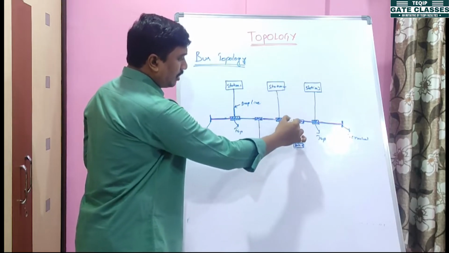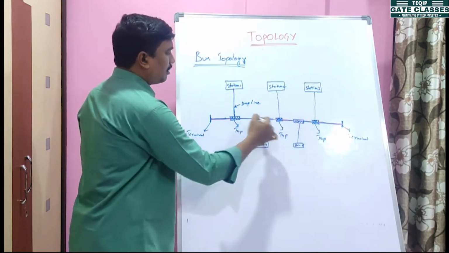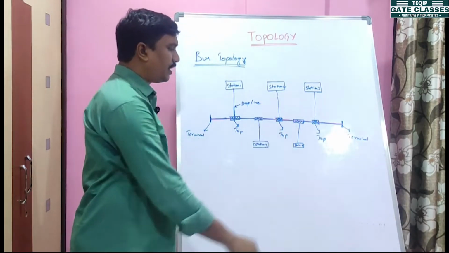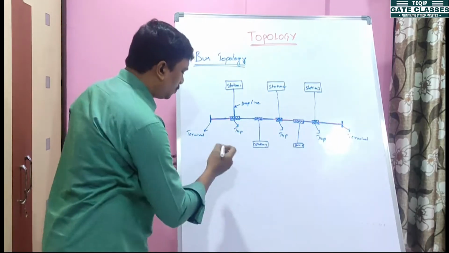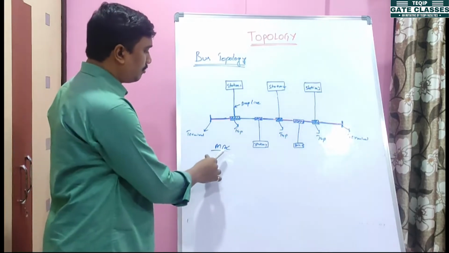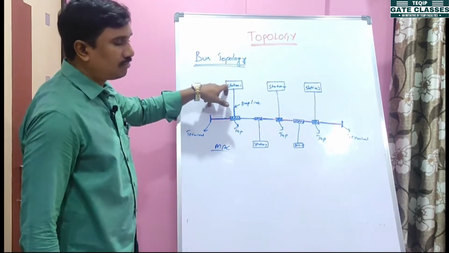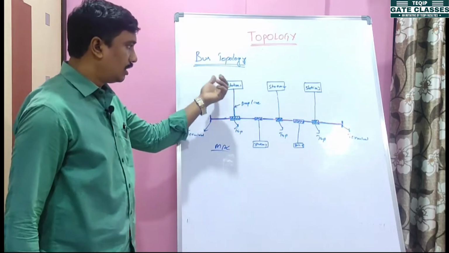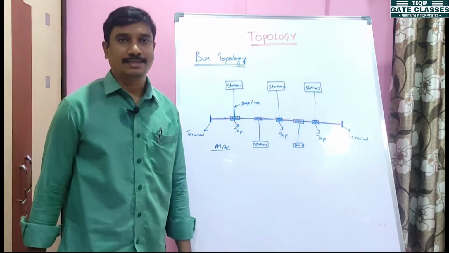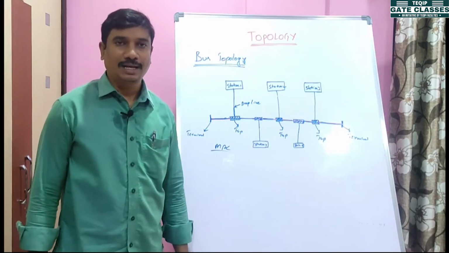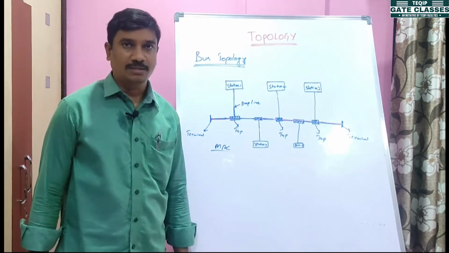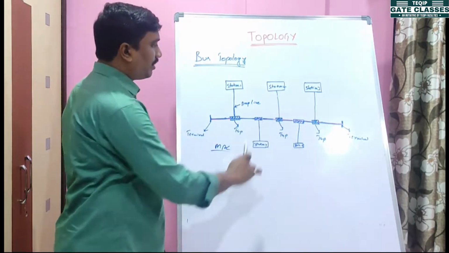No. Then it reaches Station 5, which receives the message. How do Station 1 and Station 5 know this is the destination address? Due to the MAC address. Based on the MAC address, these two stations exchange the data. What is the MAC address? I will show you in the next classes. In the physical layer we have a MAC address, and at that time I will explain it. So this is the way the data is transferred.